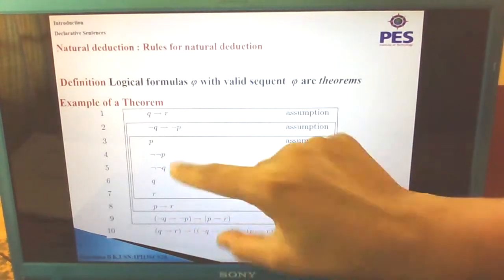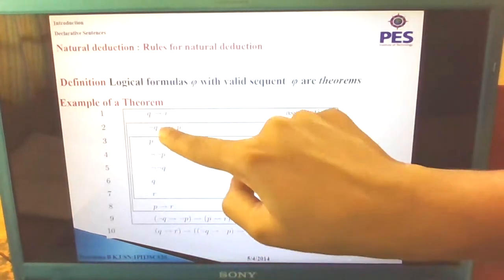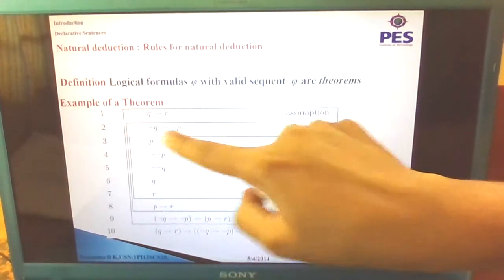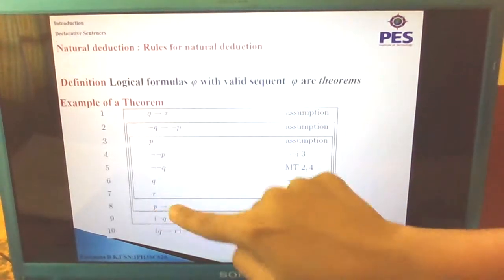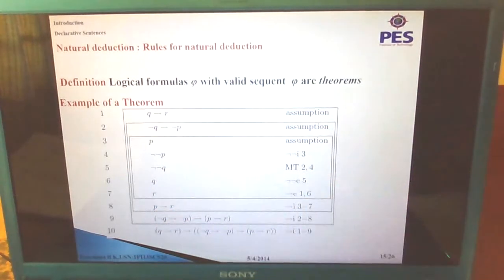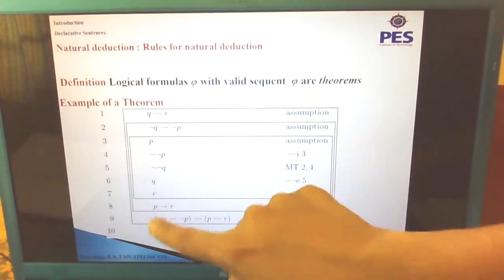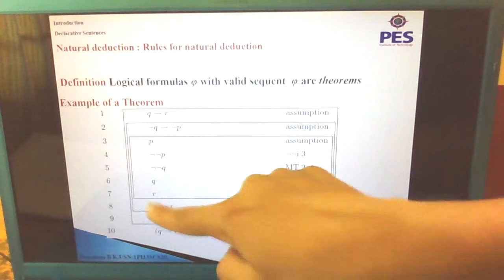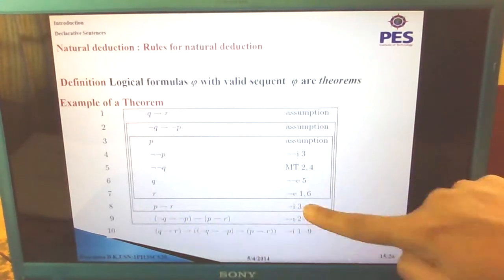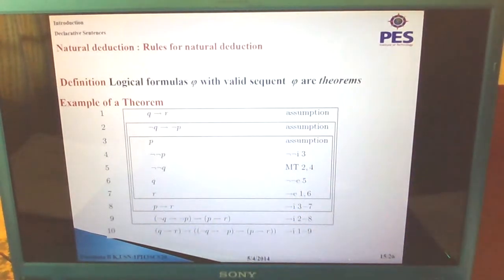Like that, for negation of P implies negation of negation of Q. For this I'm getting P implies Q. So I conclude that negation of Q implies negation of P implies P implies R. That is arrow introduction on lines 2 to 8.